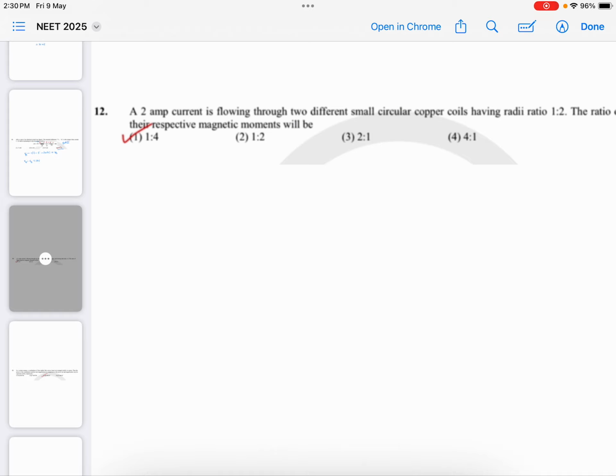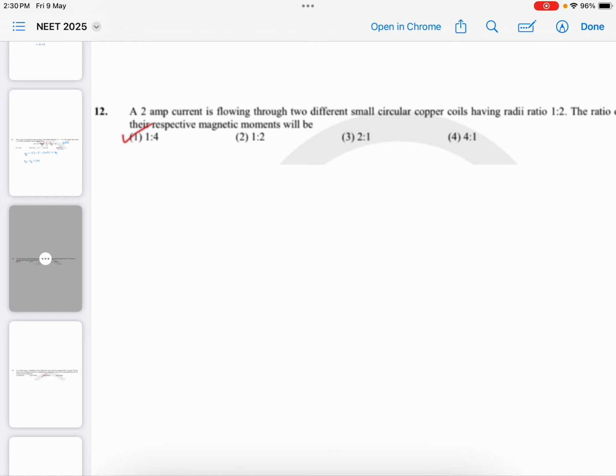Magnetic moment can be written as M is equal to I into A. That is the basic expression, where capital A is the area of cross section.